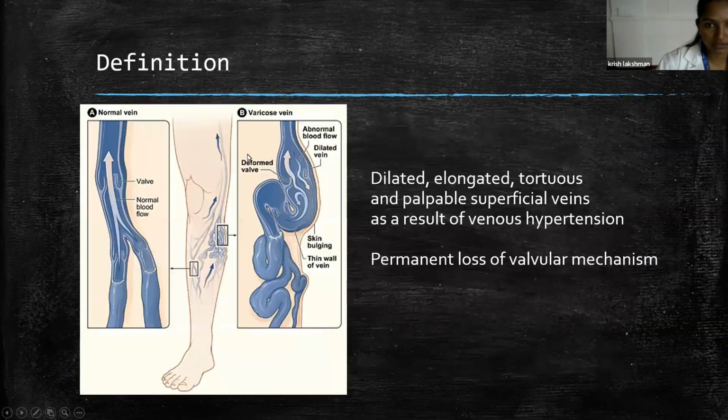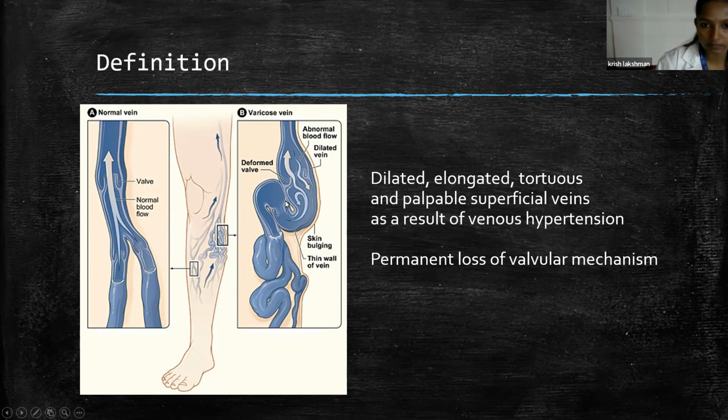So this reflux results in the formation of varicose veins, which are defined as dilated, elongated, tortuous, and palpable superficial veins as a result of venous hypertension. There is a permanent loss of valvular mechanism.